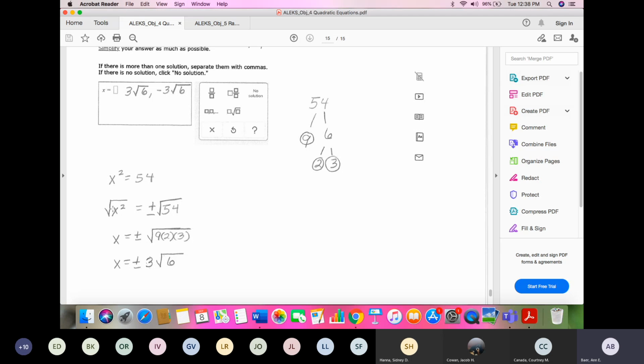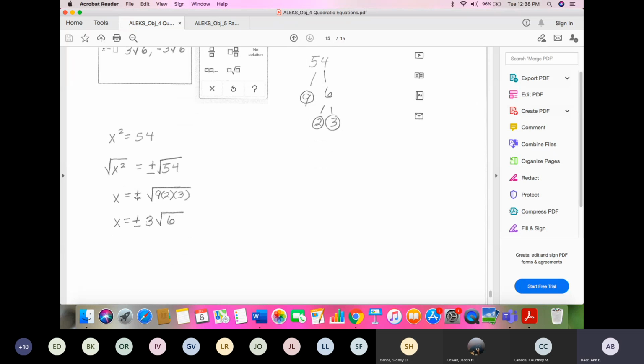The opposite of squaring is taking the square root. So let's take the square root of both sides, but let's put plus or minus with the side that just has the numbers. The square rooting undoes squaring, so we just get x here, and equals.